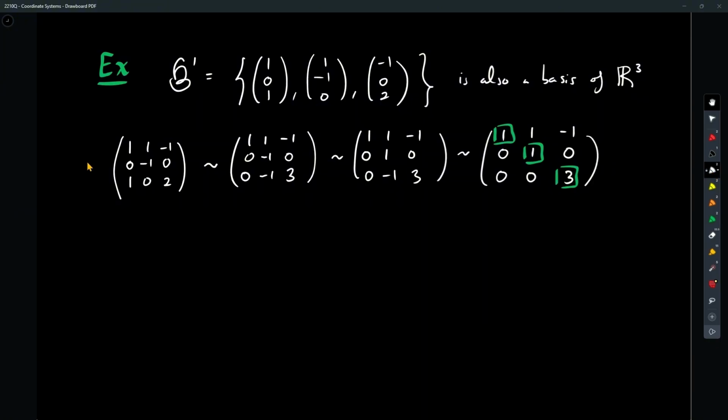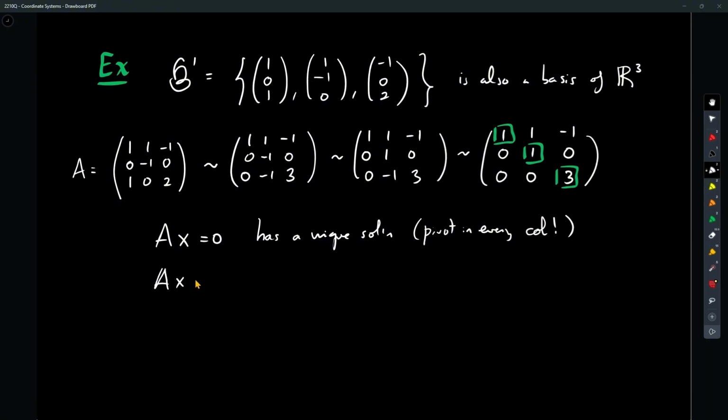And in particular, first of all, the system AX equals 0 has a unique solution because there is a pivot in every column.